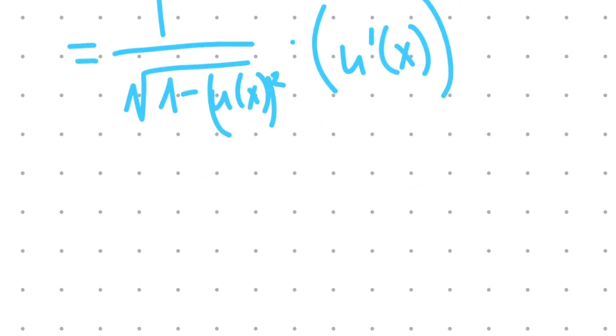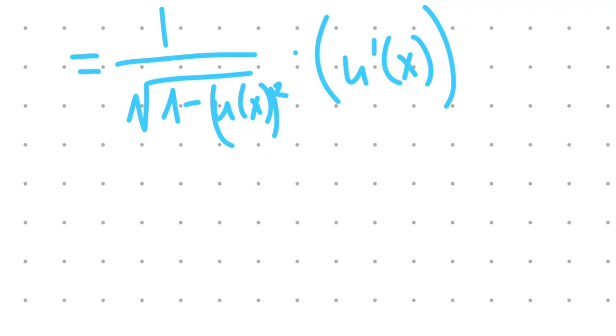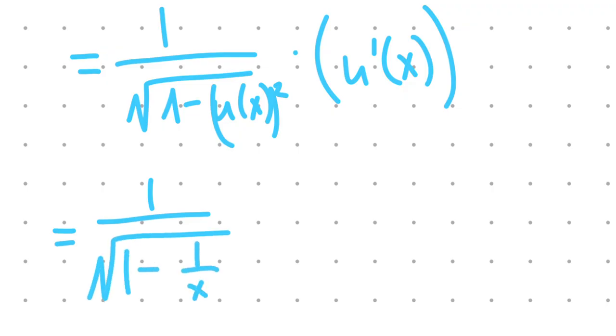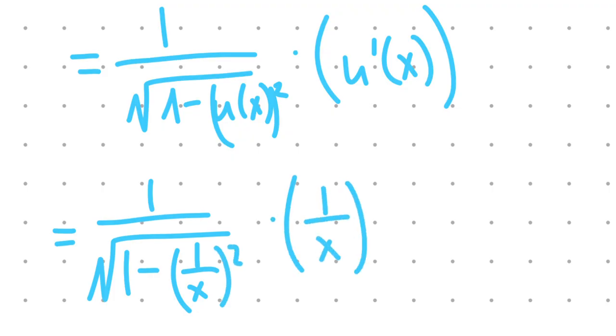So this is what we are getting, and u of x is equal to 1 over x, so let's just plug the whole thing in. So we just have 1 over the square root of 1 minus 1 over x squared times the derivative of 1 over x.